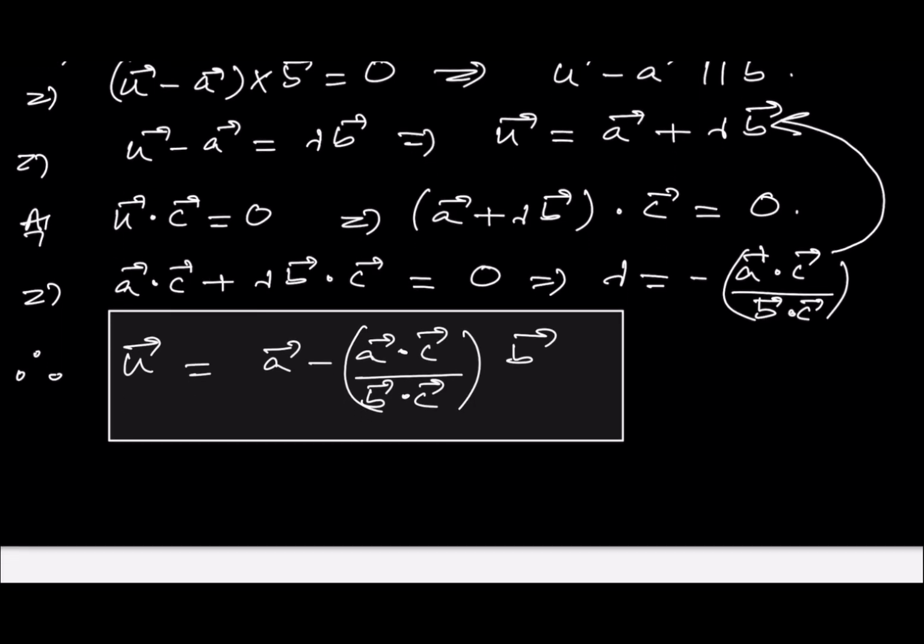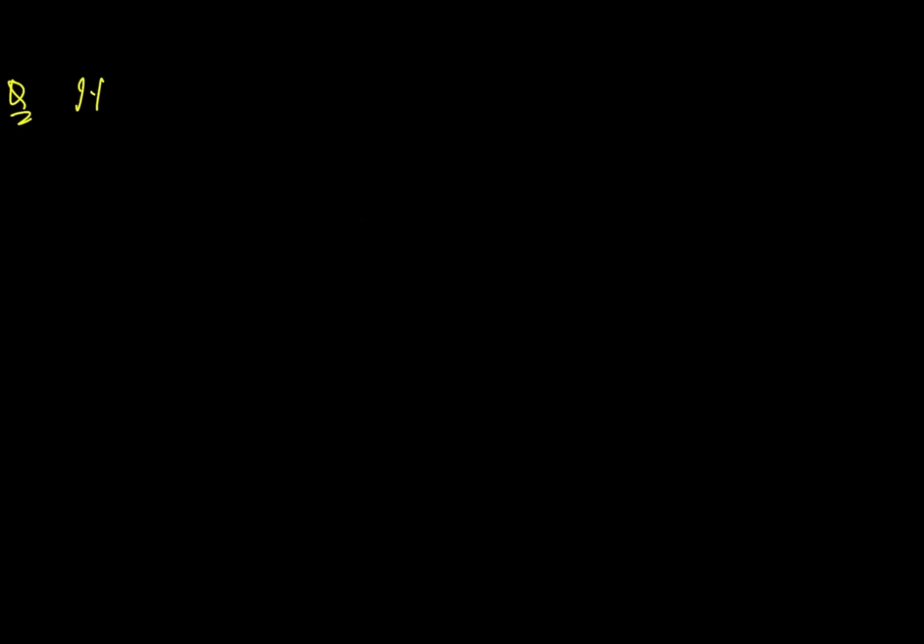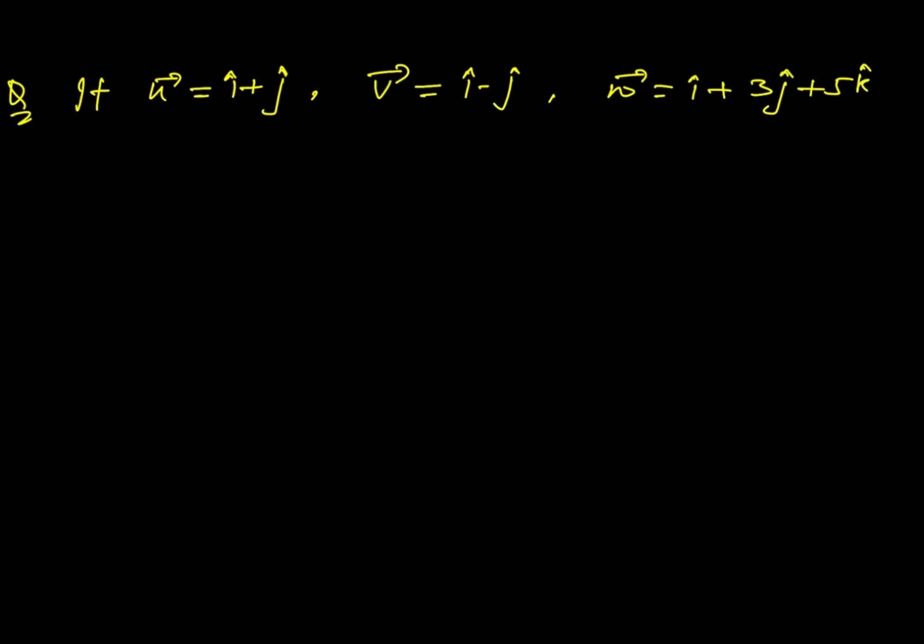Now let us move to the next question. Question is, if u vector is equal to i plus j, v vector is equal to i minus j, w vector is equal to i plus 3j plus 5k, and u dot n cap is equal to v dot n cap is equal to 0, find w dot n cap, right?